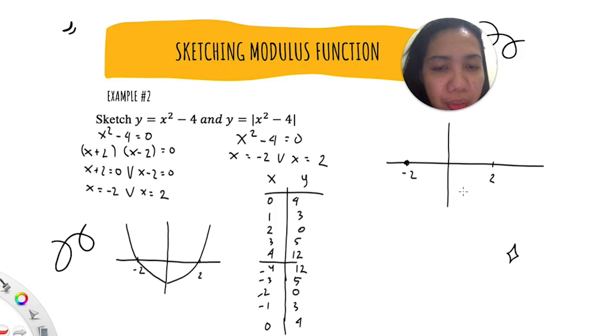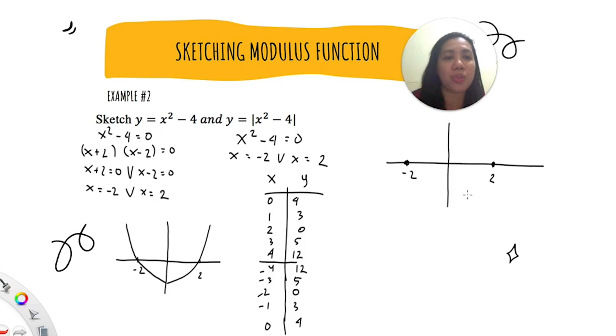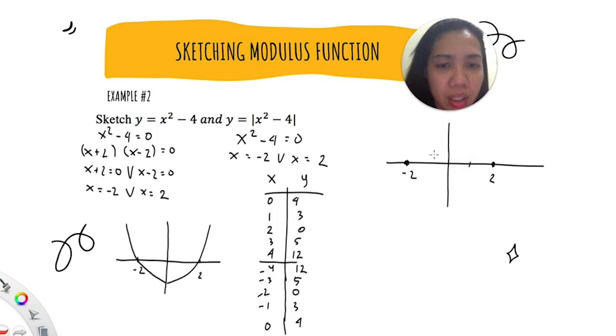Now here we have the point 2, 0. Here is 2, 0, and then 1 comma 3. This is 1, and 3 is 1, 2, 3 in here. The next thing, 0 comma 4.